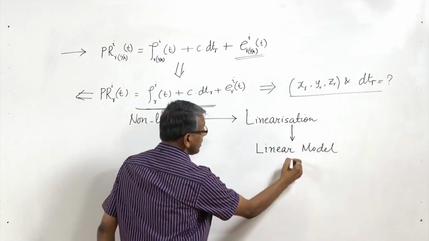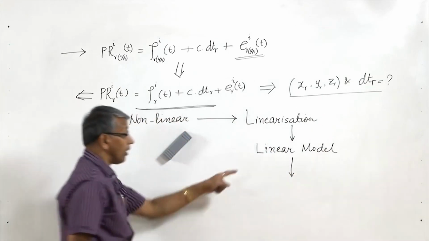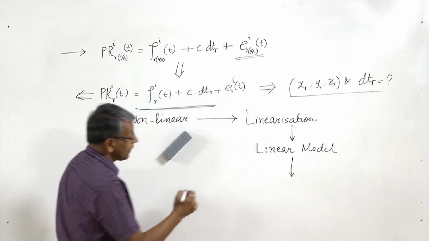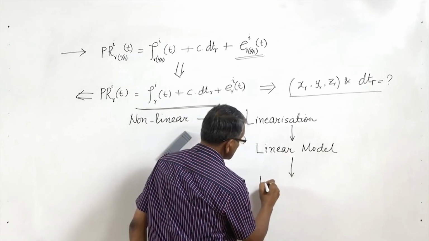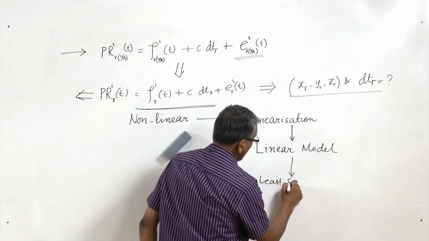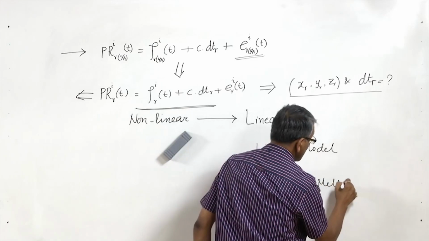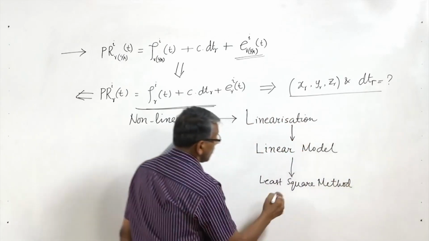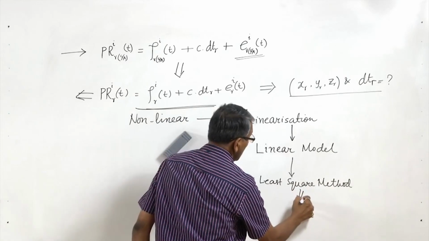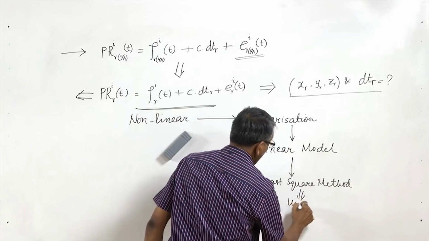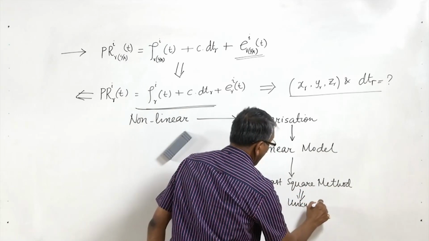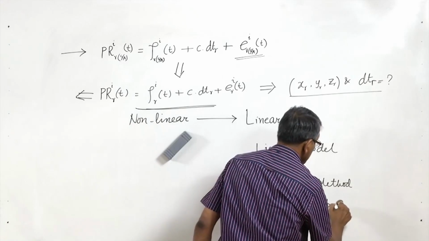Now, after getting the linear model, we have to use the least square method of analysis to provide us the unknown parameters.